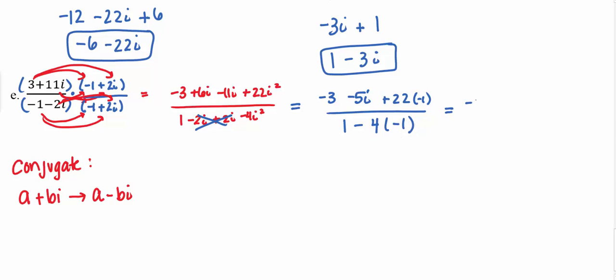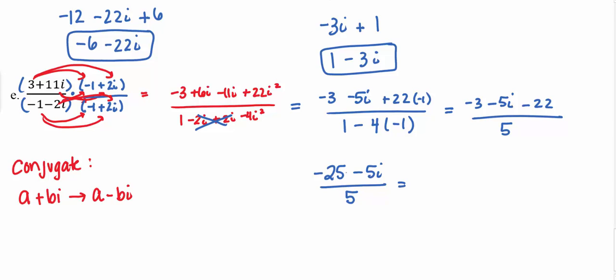So this becomes negative 3 minus 5i minus 22 divided by 5, which is negative 25 minus 5i divided by 5. And now we can see that all three terms can be divided by 5, and that's the only time I'm allowed to simplify. So negative 25 divided by 5 is negative 5, and then negative 5 divided by 5 is negative 1.